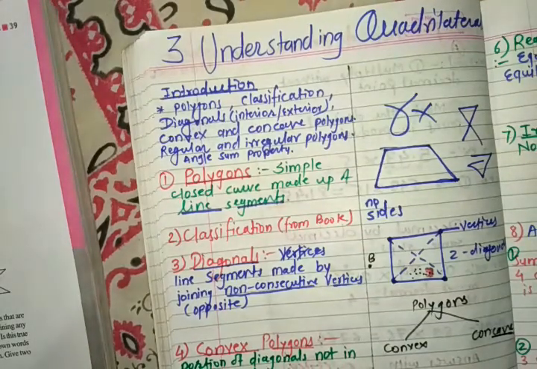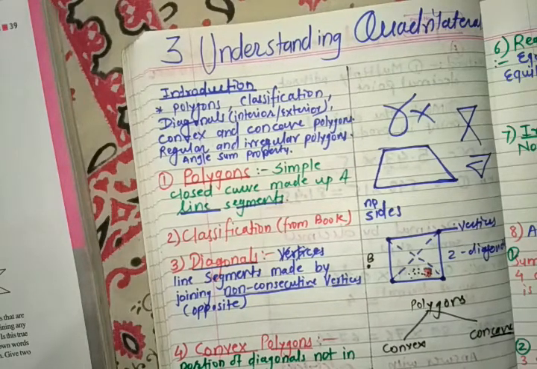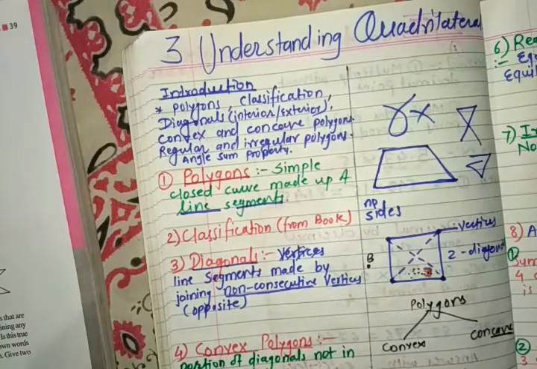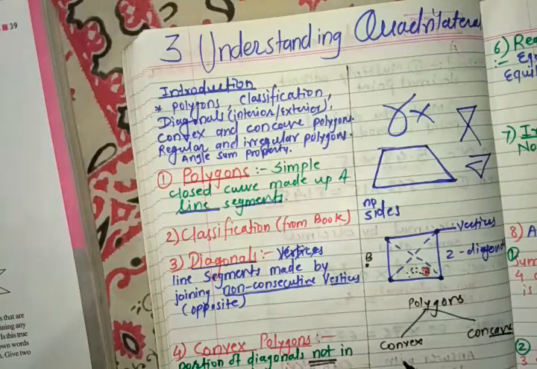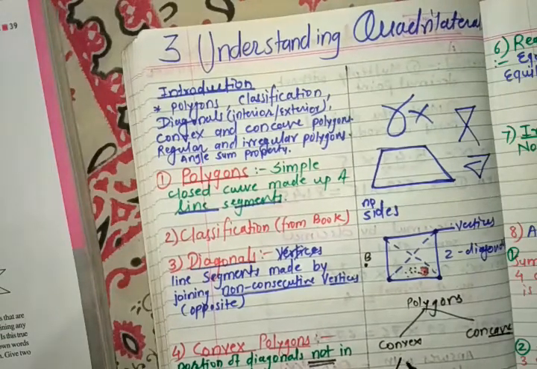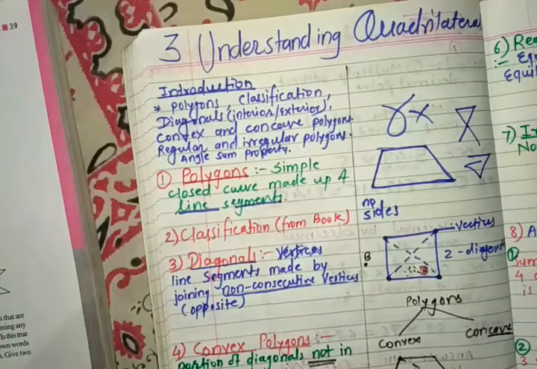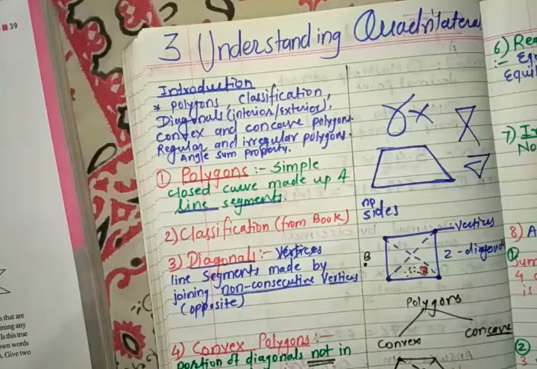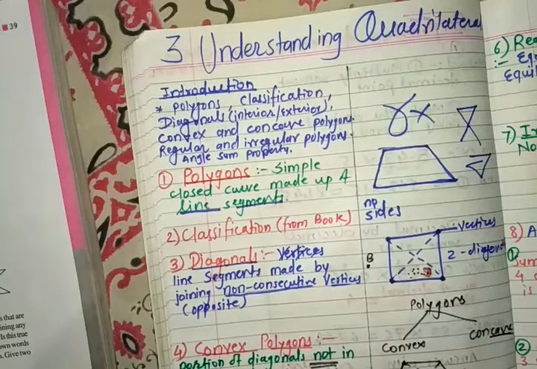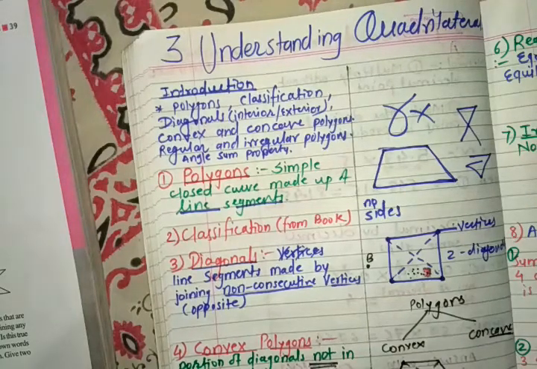The first type is convex, where no portion of the diagonals is in the exterior. This is according to the book. Not in the exterior means, suppose I am drawing this polygon and joining the opposite vertices. These are the diagonals, and no portion of them is in the exterior. Which polygon has a portion outside?